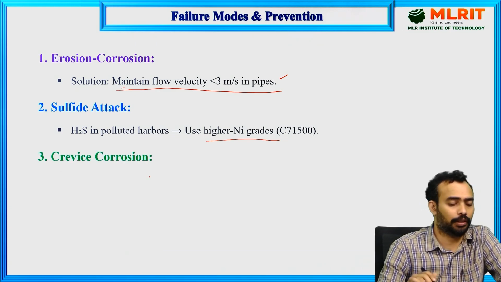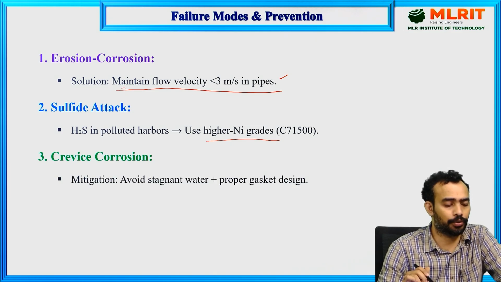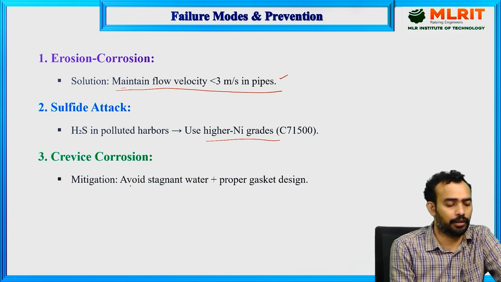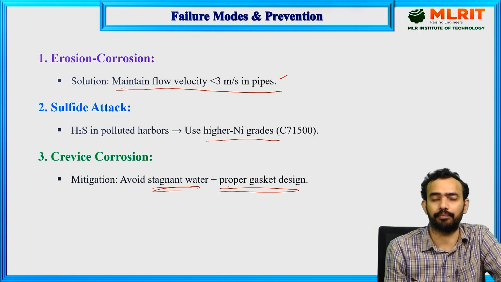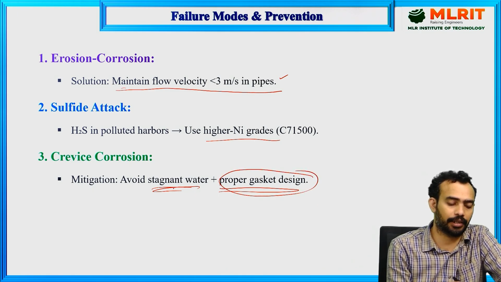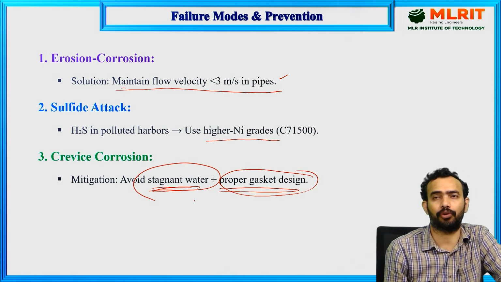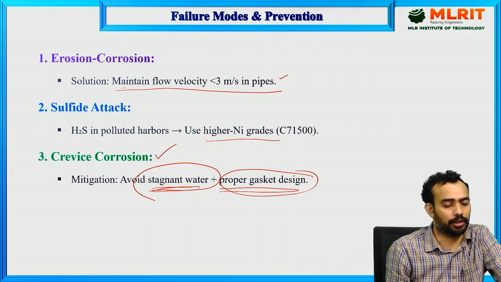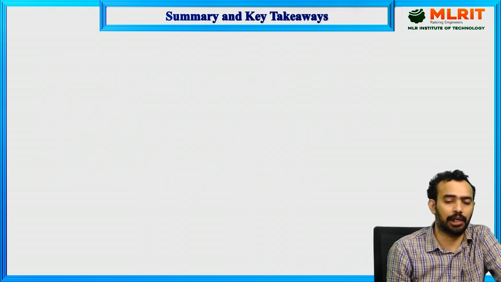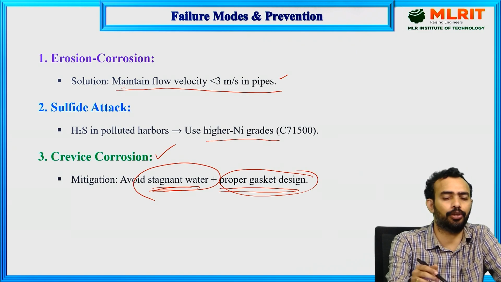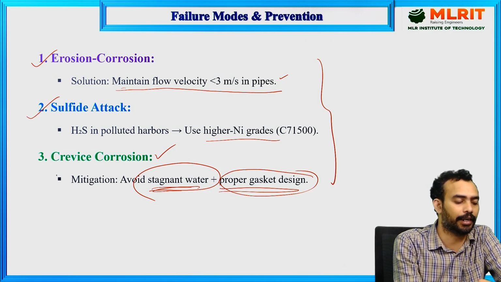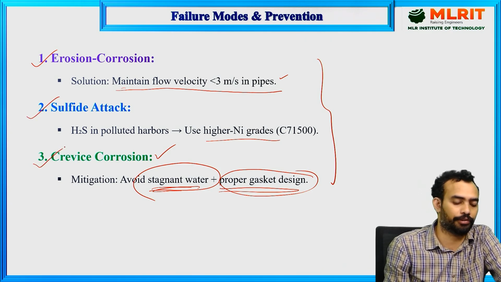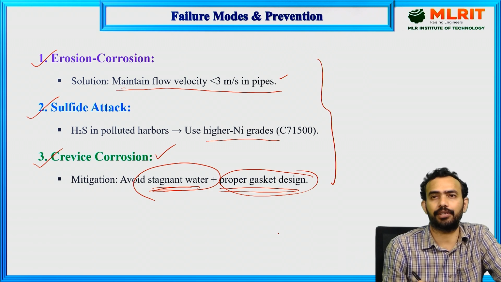Then crevice corrosion can be avoided by avoiding stagnant water and by proper gasket design. If we have proper gasket design and avoid stagnation of the water, crevice corrosion can be eliminated. So these are some of the failure modes and the preventions that are given: erosion, then sulfide attack, then crevice corrosion.